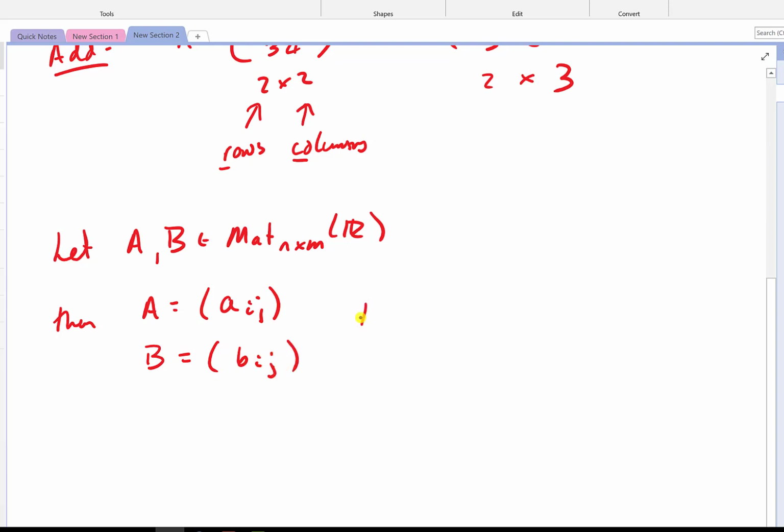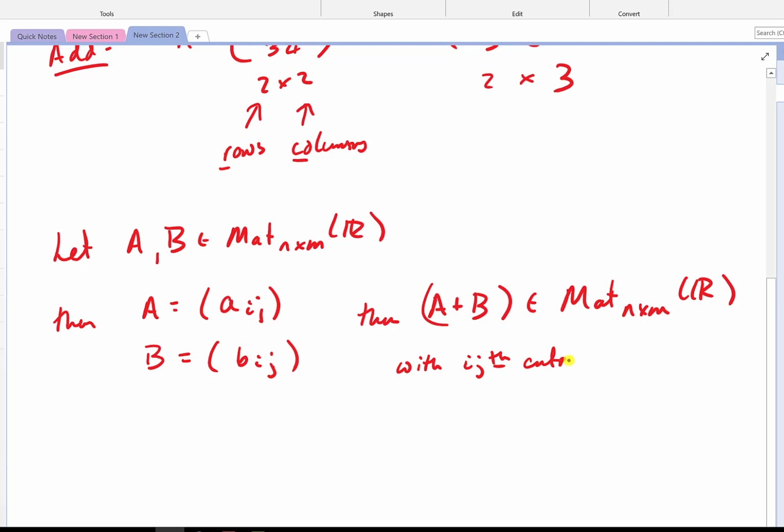And so then this new matrix, A plus B, well, first of all, where does it live? It lives in the same space. So it's also an n by m matrix, and its ij entry is just Aij plus Bij, meaning you add together the like entries.